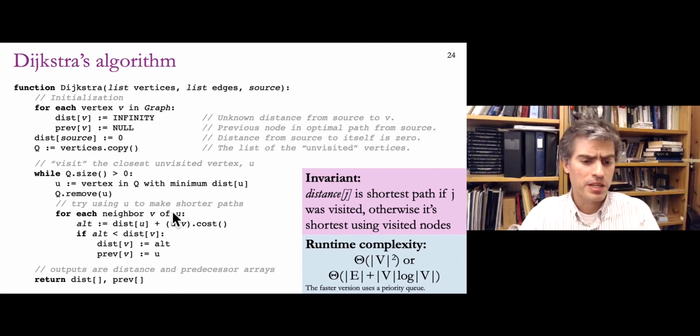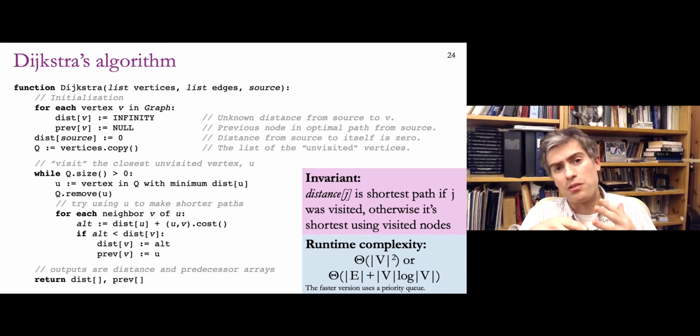Whenever we visit a vertex, we consider all of the edges on that newly visited vertex and relax just those. So we don't do a relaxation across all the edges in the whole graph, just the edges that are neighbors of that newly visited vertex, because we know those are the only ones that might benefit from adding this node to the path.